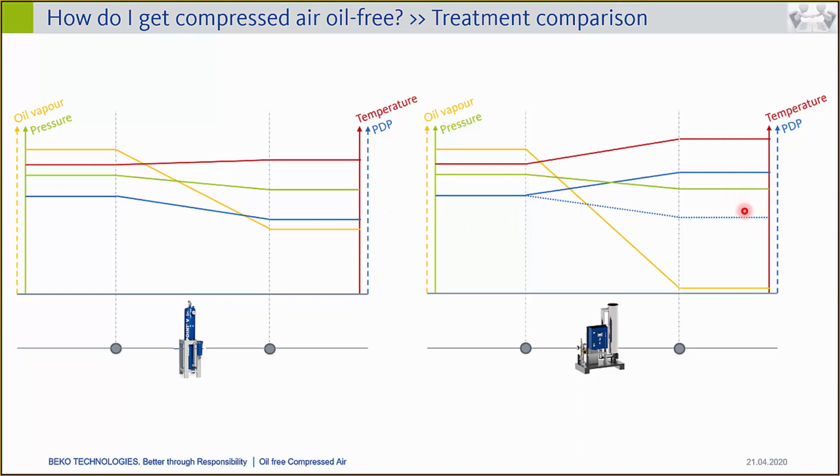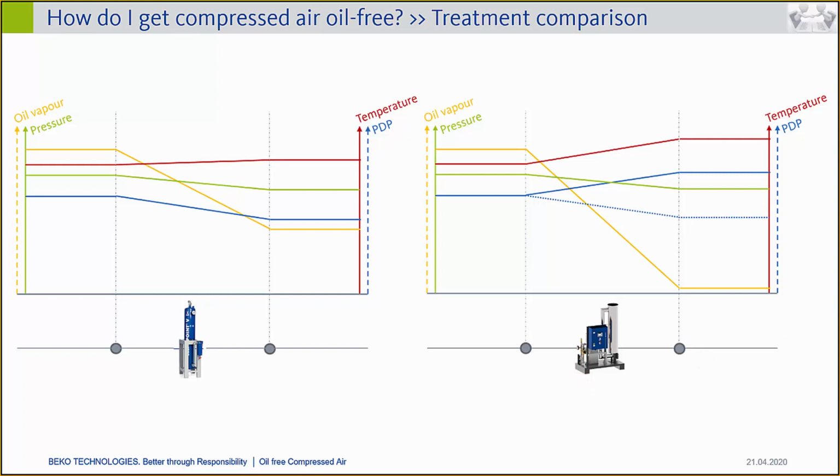The other point we realize is that the pressure drop is on a bit higher level. The reason is that this BEKO has integrated a few more components than the carbon tower. So we have the tower here, we have the heat exchanger, we have the piping in between, and the inlet and outlet valves. All these components have an additional influence on pressure drop.